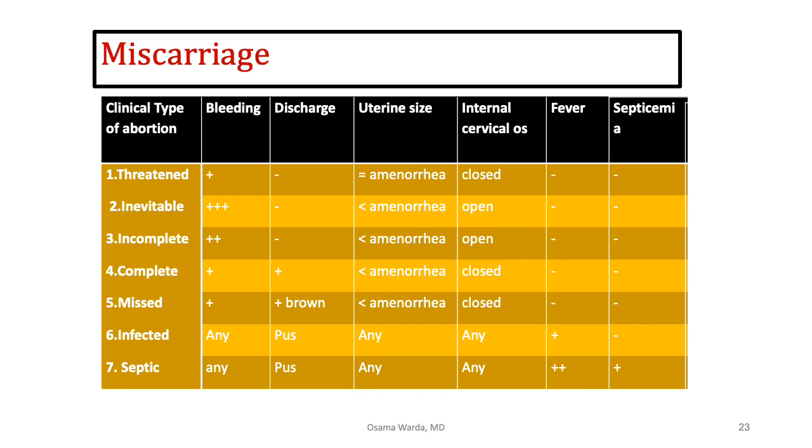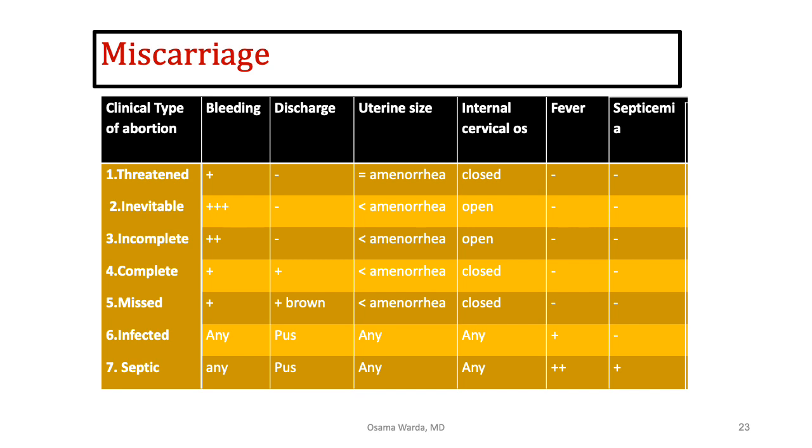The third indication is evaluation of the cervix to define the type of abortion. If the cervical internal os is opened, it is inevitable abortion. If it is closed and not containing the products of conception, it may be a missed abortion or a complete abortion.